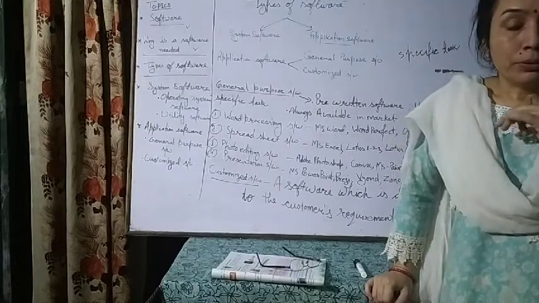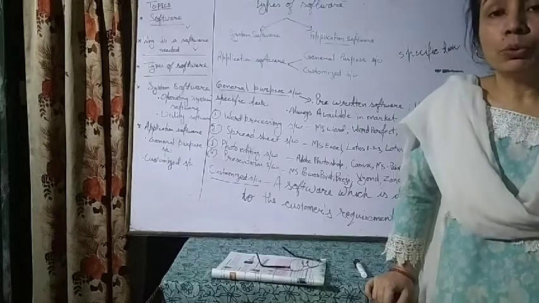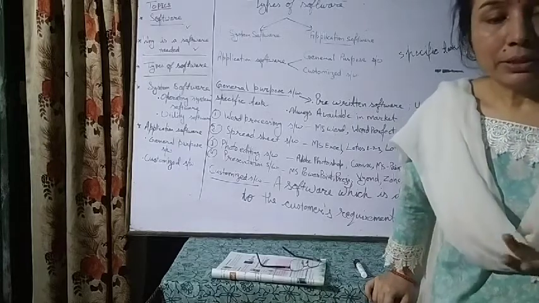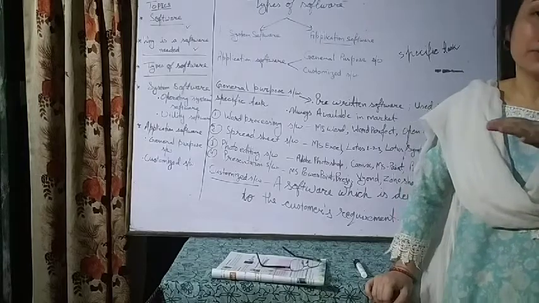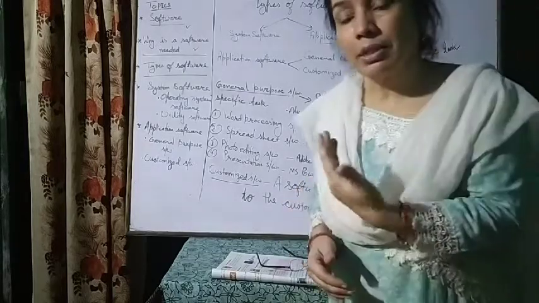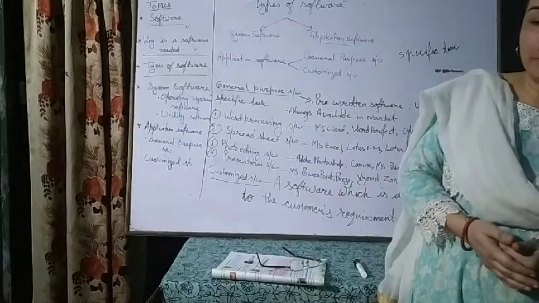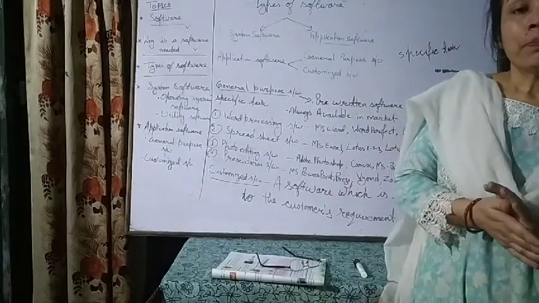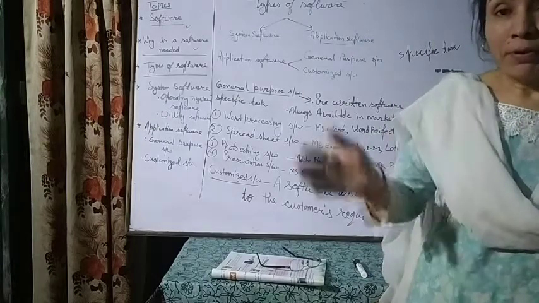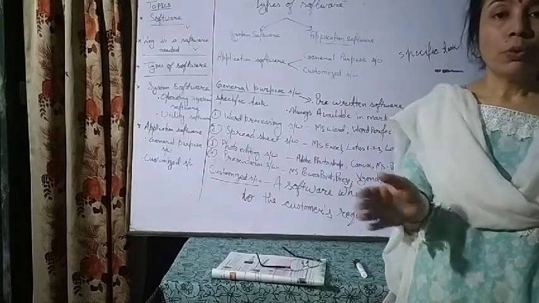So we have the option that we can go to the vendors, organizations, companies which make software for customers, according to the customer's requirement. Clear? Suppose I have a shop, many items are there, so I have to keep a record of everything in my shop.